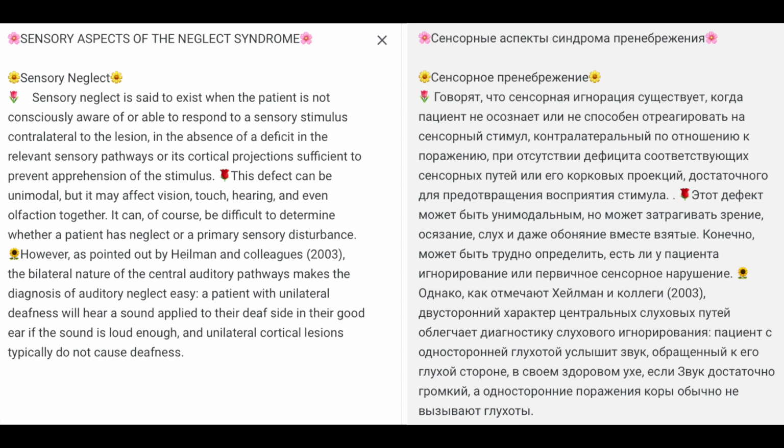However, as pointed out by Heilman and colleagues, 2003, the bilateral nature of the central auditory pathways makes the diagnosis of auditory neglect easy. A patient with unilateral deafness will hear a sound applied to the deaf side in the good ear if the sound is loud enough, and unilateral cortical lesions typically do not cause deafness.